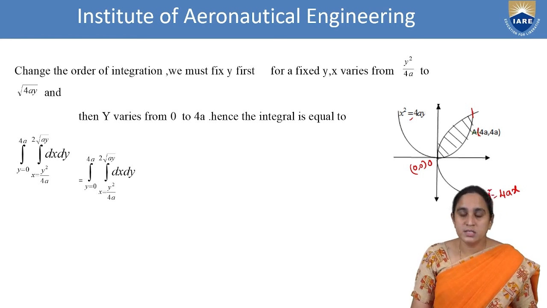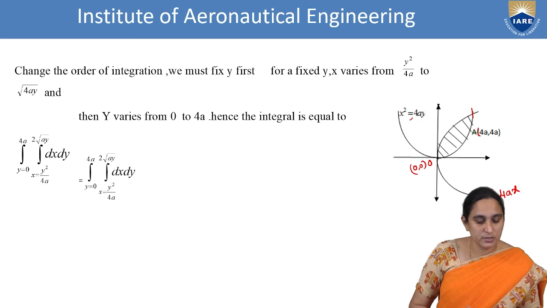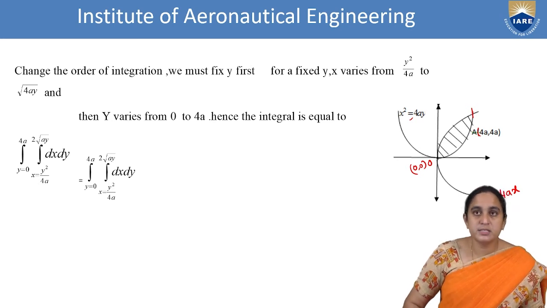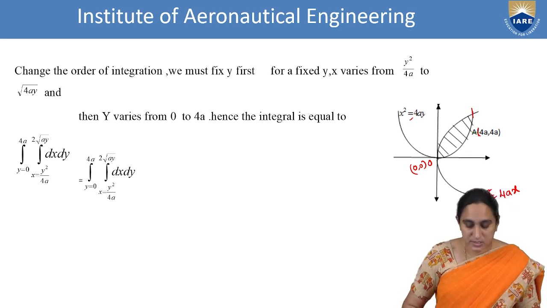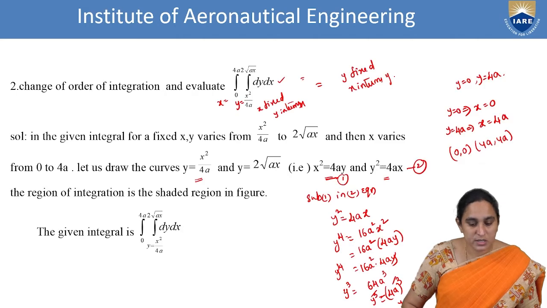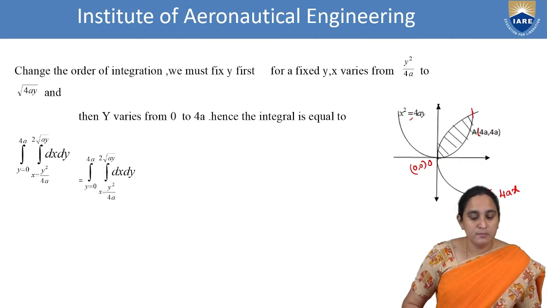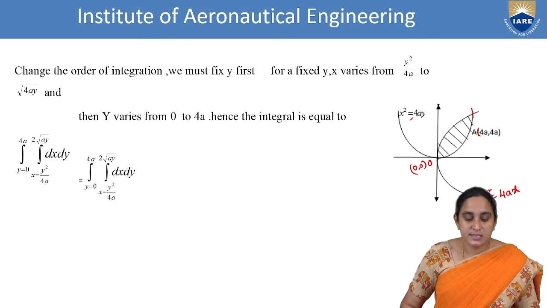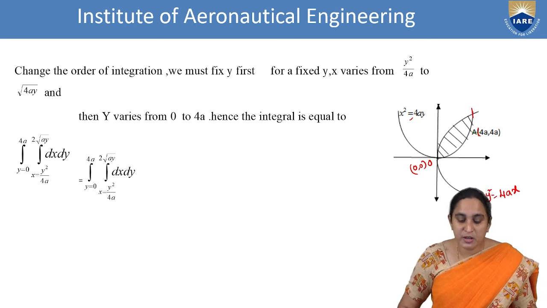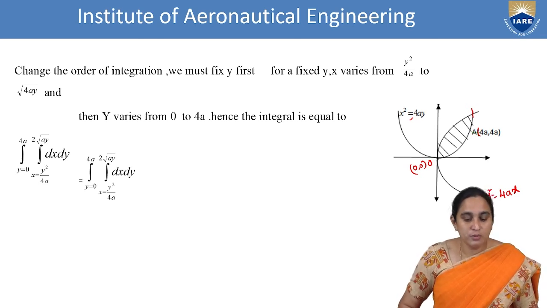Now, by using change of order of integration for the question, we must fix y. In the question x was fixed, but now I'm converting it so that y is fixed. For a fixed y, x varies from x square by 4a to root 4a.